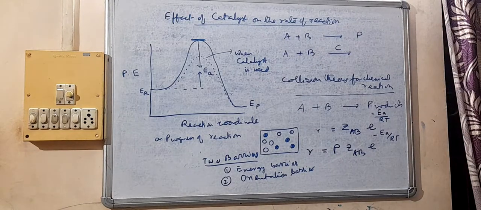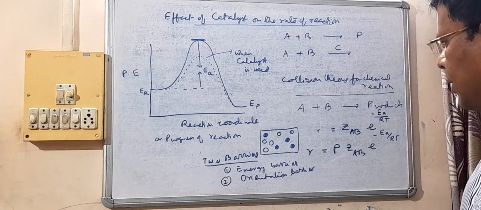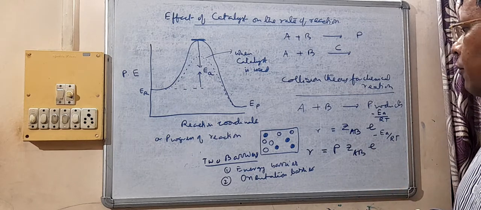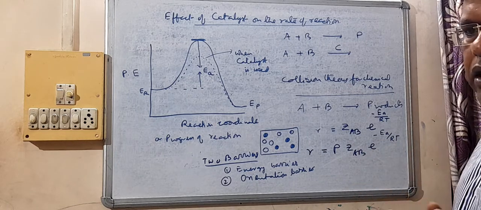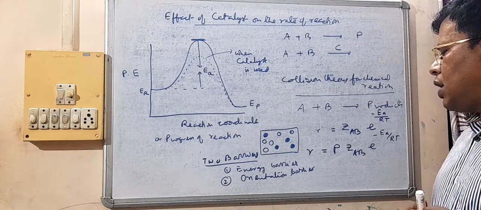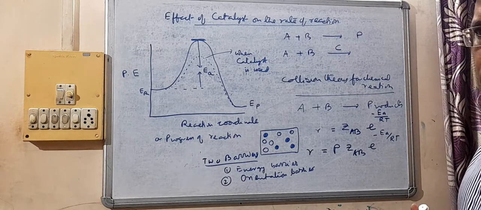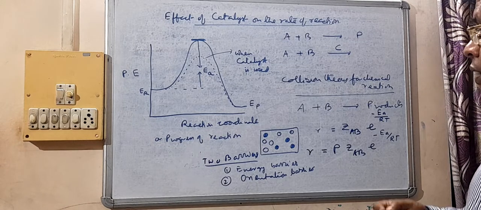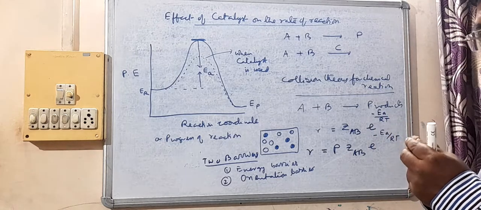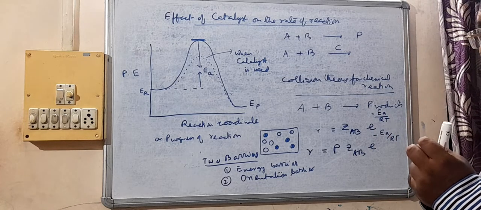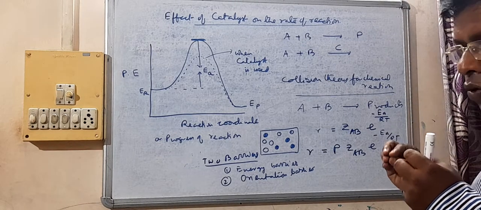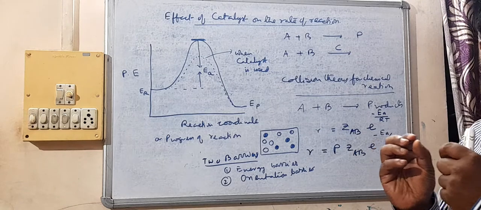Now, let me tell you that when we will be doing organic chemistry, when we will be discussing SN1 reaction and SN2 reaction, there we will see that in case of SN2 reaction, the one reacting species has to come and collide from the back side.